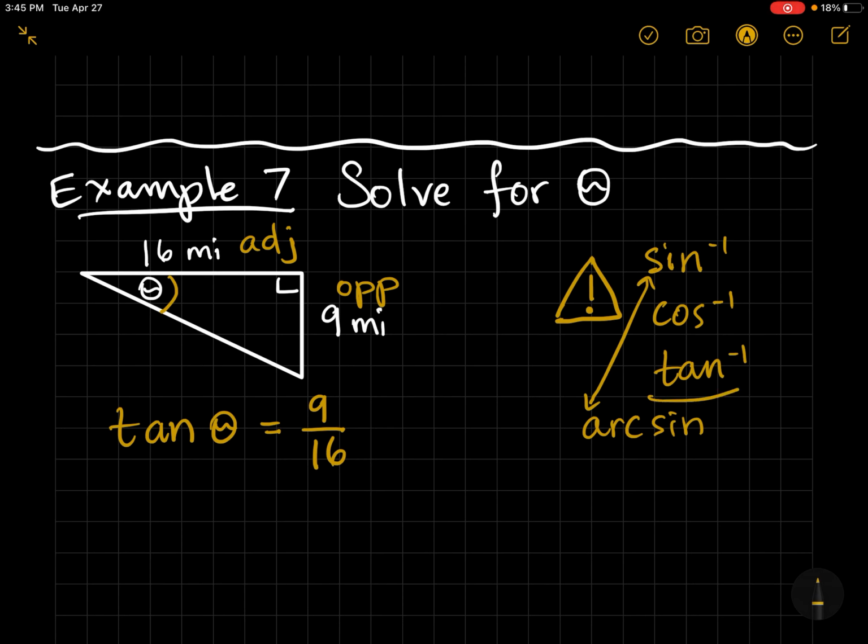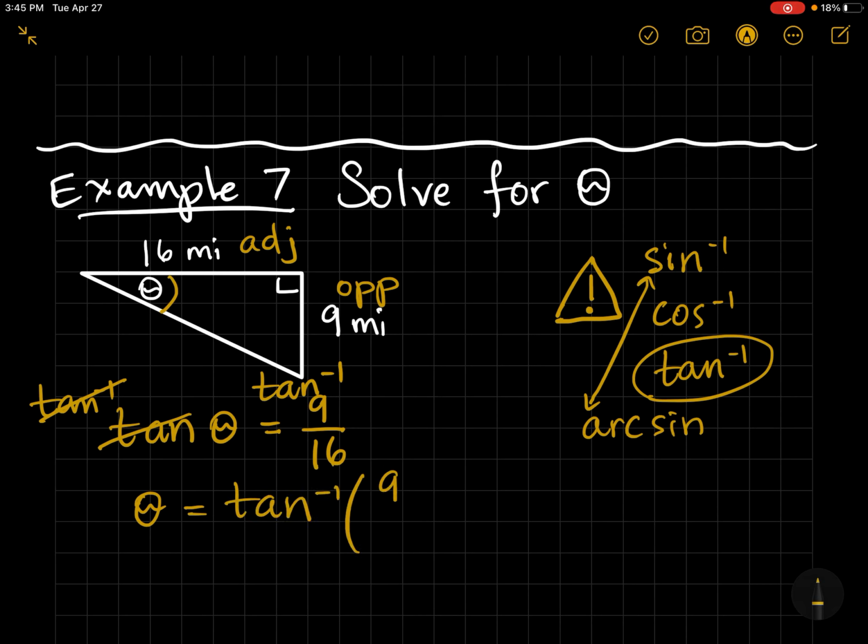But for this one, we're going to use arc tangent. And the little -1 means inverse function. That's how we're going to undo it. So if we take the inverse tangent of both sides, these cancel, and I'm just left with theta equals the inverse tangent of 9/16.